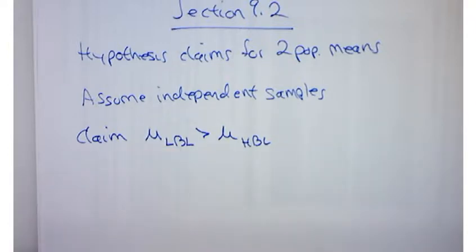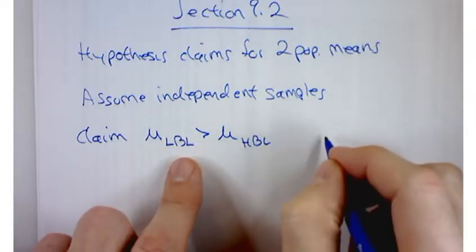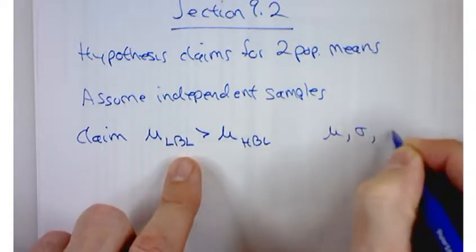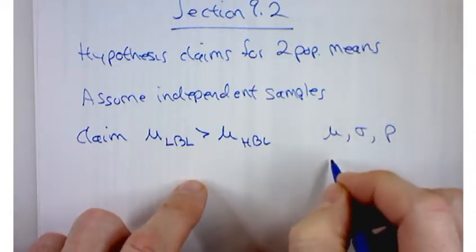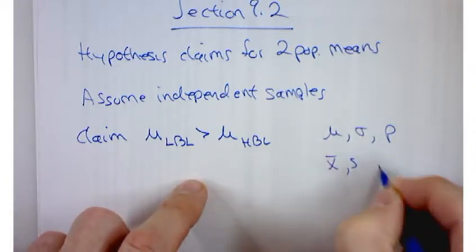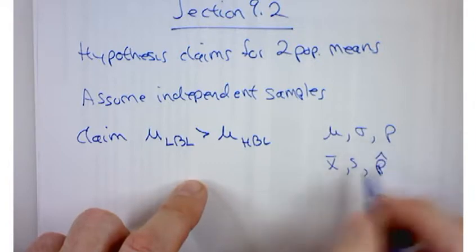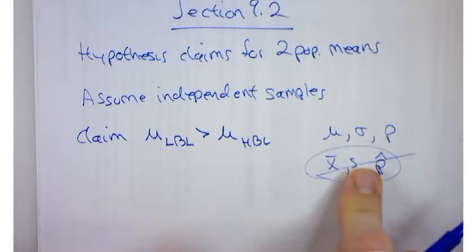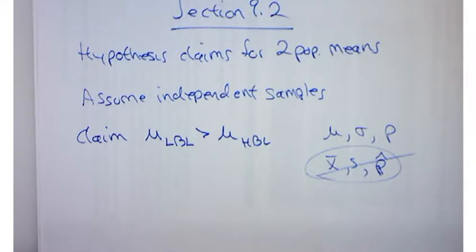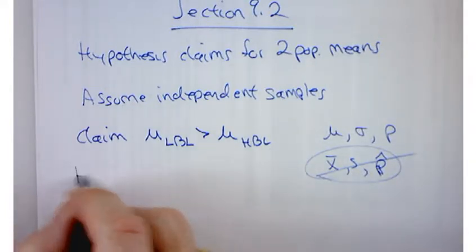Remember that whenever you're testing a claim, you need to put in parameters here. So I should see mu, sigma, or p. What I shouldn't see is x bar, s, or p hat. These are statistics. They don't belong in a hypothesis test in terms of setting up H0 and HA.